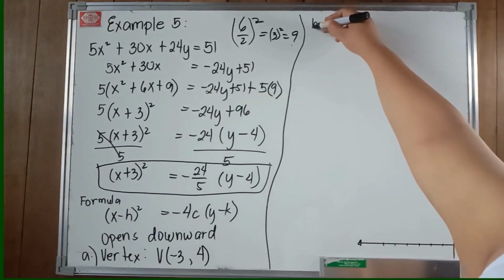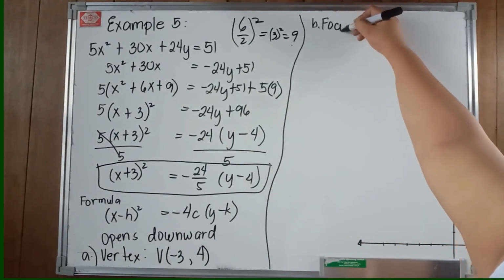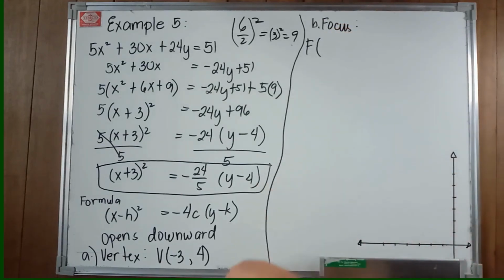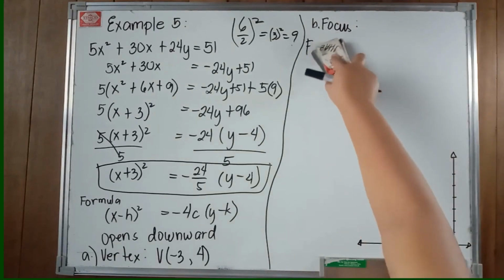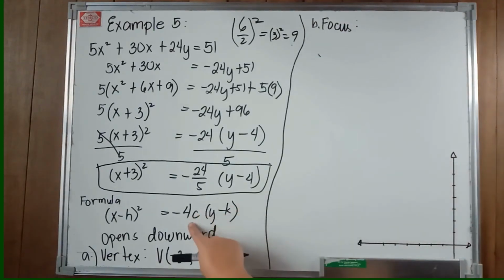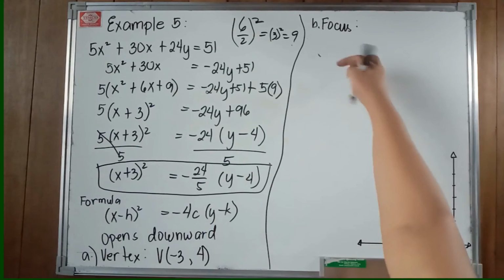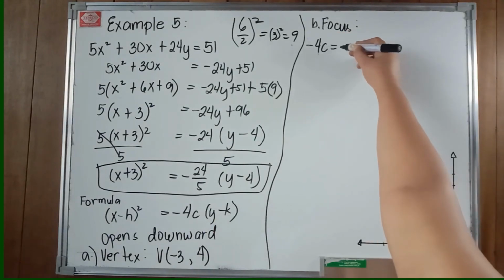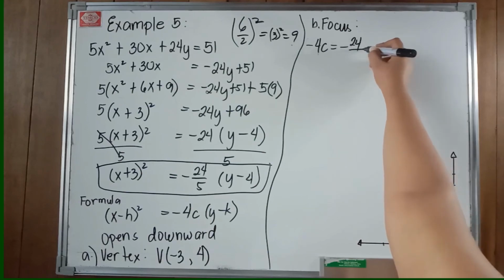Next, letter B, for our focus, let's equate negative 4c, so negative 4c will be equated to negative 24 over 5.